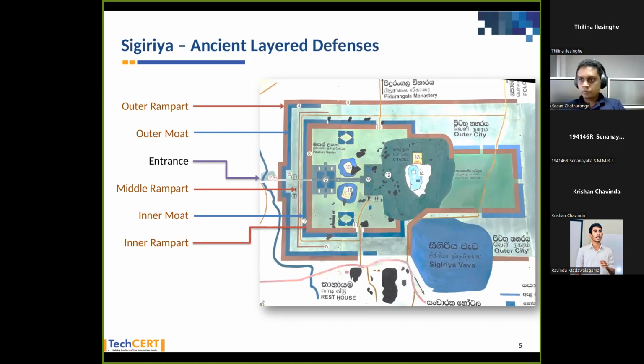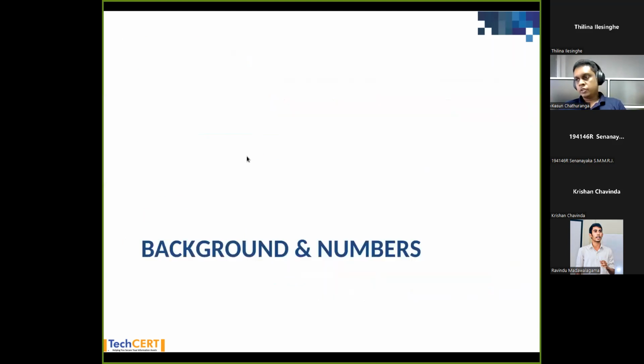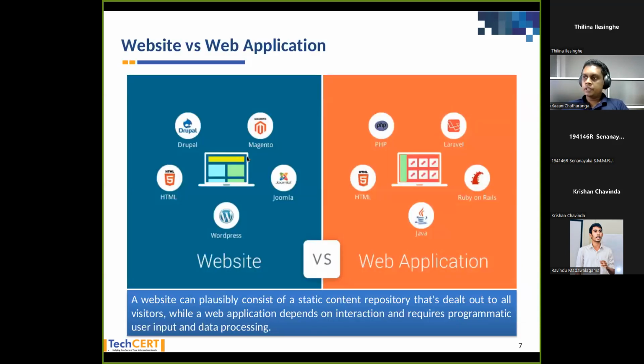So that's about layered defense. Keep it in mind; it will be required in future slides. When we go into the backgrounds and numbers, today's topic is about websites, not web applications.